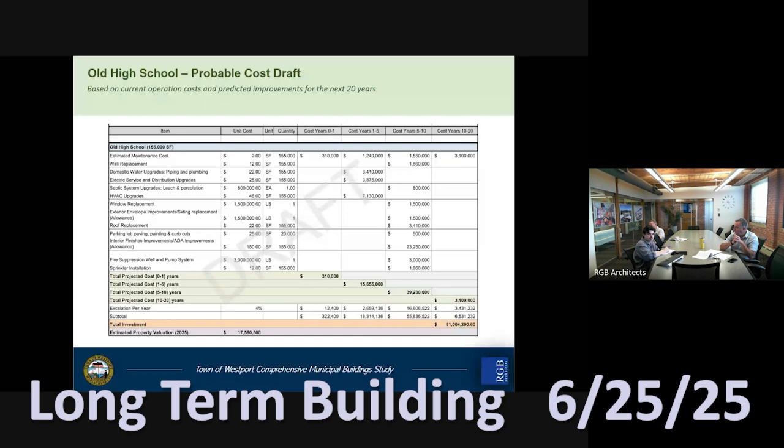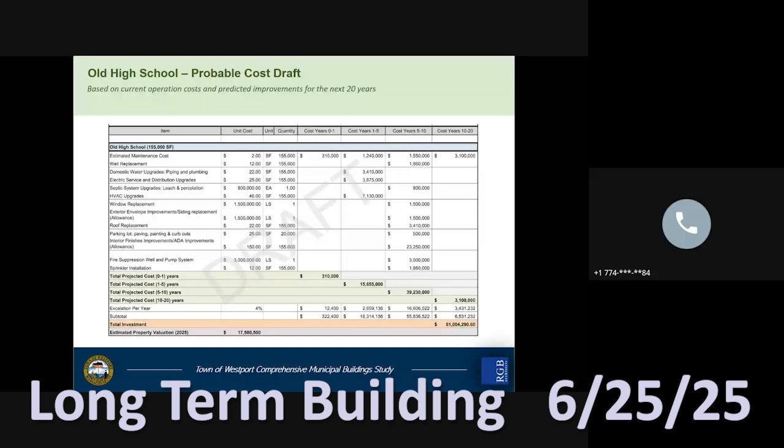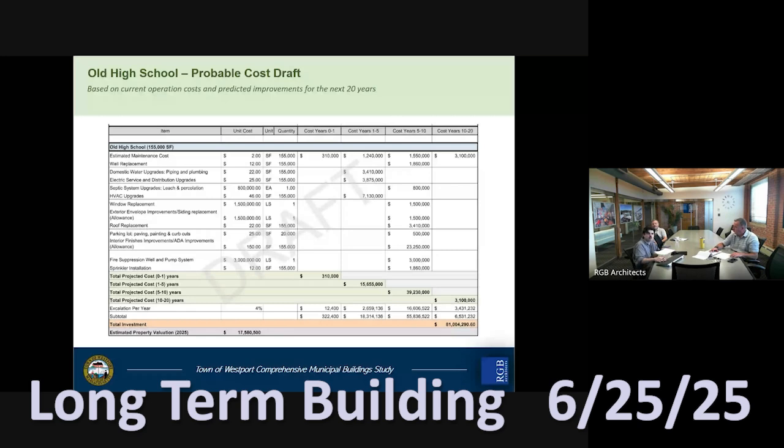When you do the scenario of just putting an addition onto the town hall, which we talked about at the last meeting, closing the annex and putting an addition onto the town hall as one of the alternatives, did that include a complete sprinkling of the existing town hall as well, bringing the existing building up to code, when you did the cost of that? I don't believe it did.